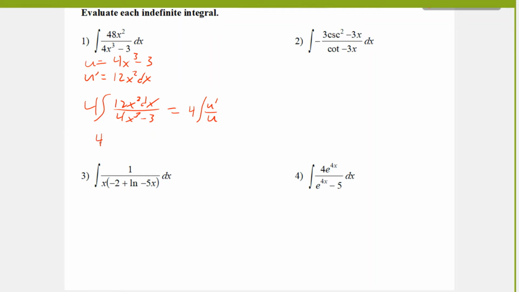U over ln U. Close. Someone help us out? Or is it 4 over ln 4? Nope. So if I integrate U prime over U, I'll get the natural log of U plus C. So if I resub for U, what's my final answer?